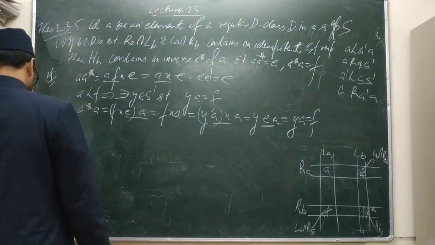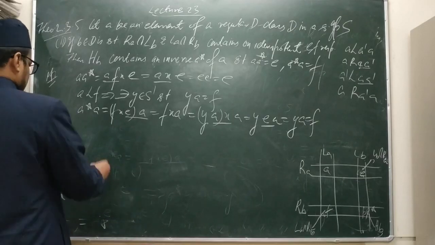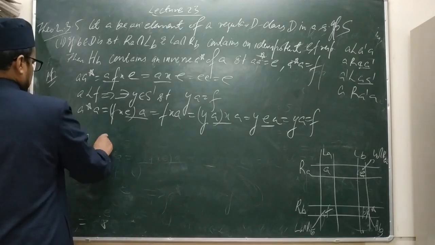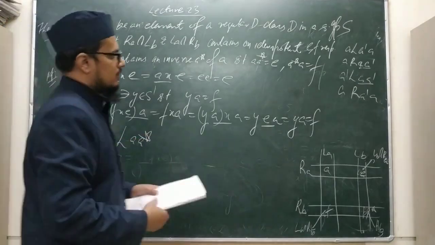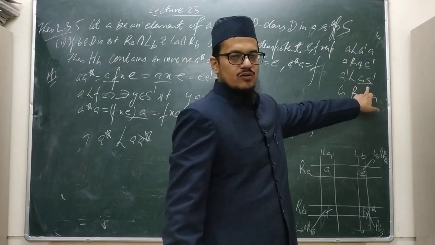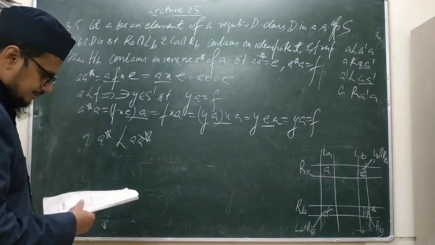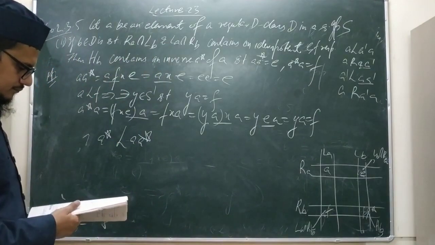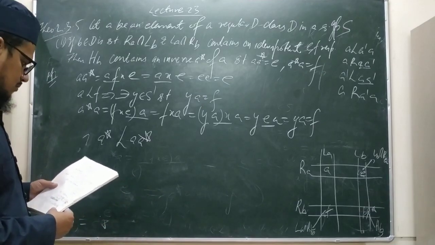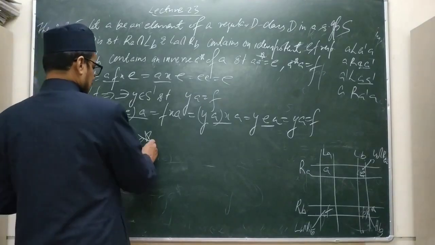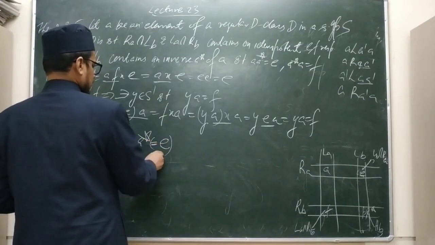Now you see, since A dash L A dash always, so in this way A star L A dash, correct? And A star A dash is what? This is E, you know.